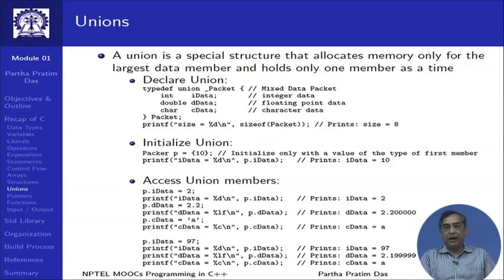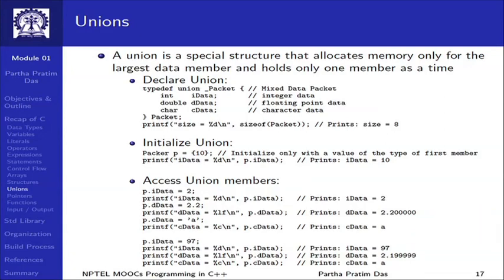To give you the kind of reference where union is used, think of a network connection and a network port where a variety of data is coming, different kinds of data packets are coming, and you do not know what kind of data packet will come out of a possible, say, 10 different kinds of data packets, but you know that at any point of time only one data packet will come. Then how do you define a programming structure to store this data packet?